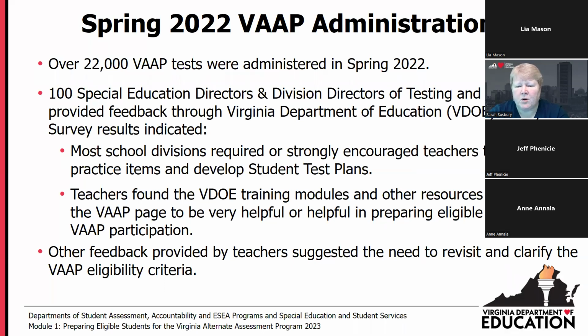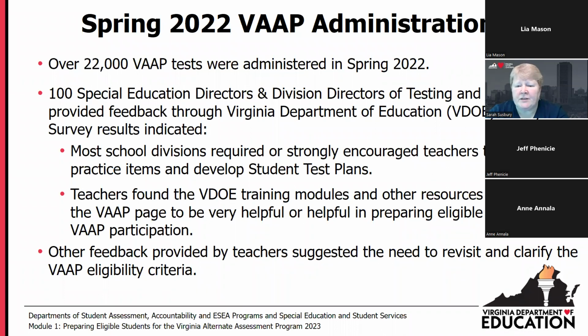One of the things that we learned is that school divisions required or strongly encouraged teachers to use the VAAP practice items and to develop test plans. You'll hear about the practice items this afternoon, as well as developing that student test plan.